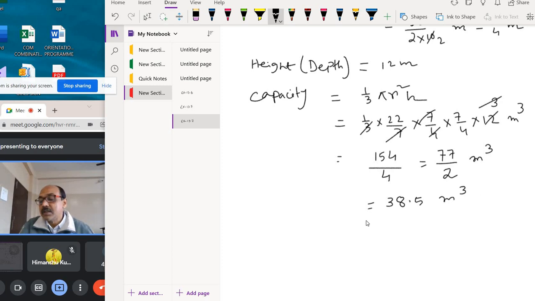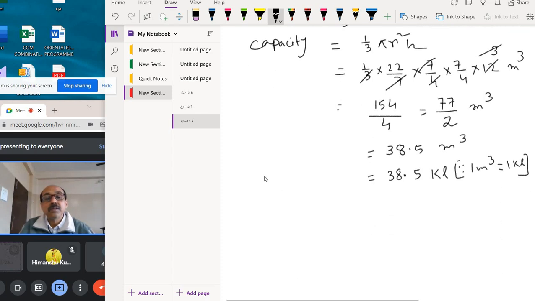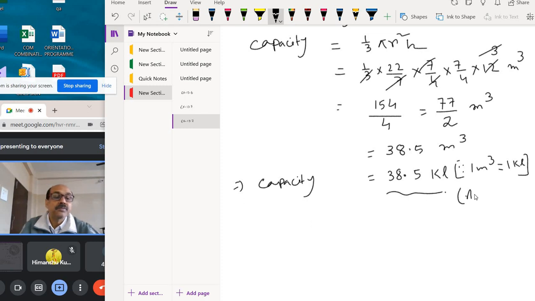Now 38.5 we can write as kiloliters, 38.5 kL, since 1 meter cube equals 1 kiloliter. Okay, so the capacity is 38.5 kiloliters. Okay, so this is the answer. Okay, clear this?